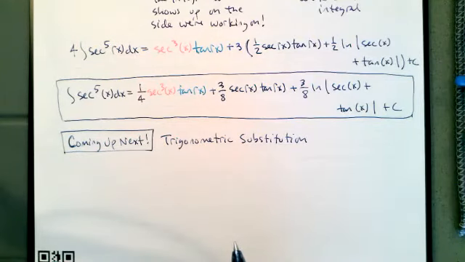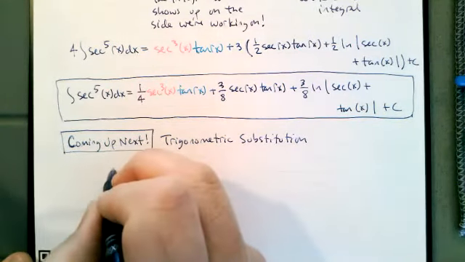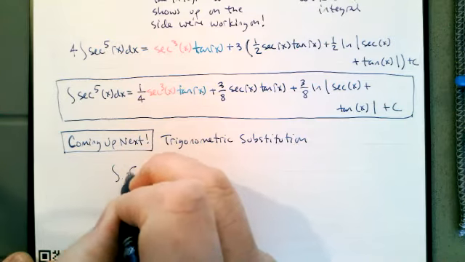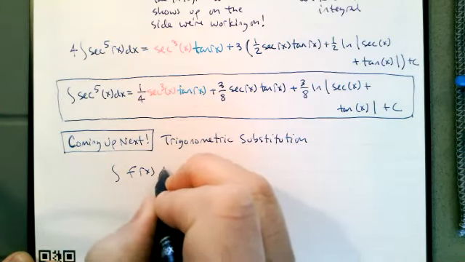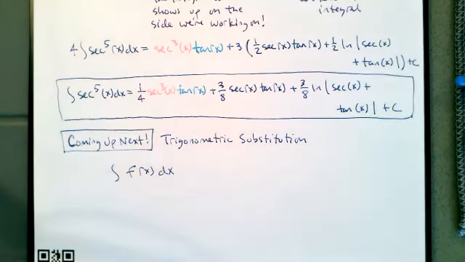What we're going to have is an integral of, say, a function of x dx, and we're not going to like it. It's going to have things that we don't like, specifically square roots of quadratics. That's kind of the defining thing that we're going to see in our integral here.